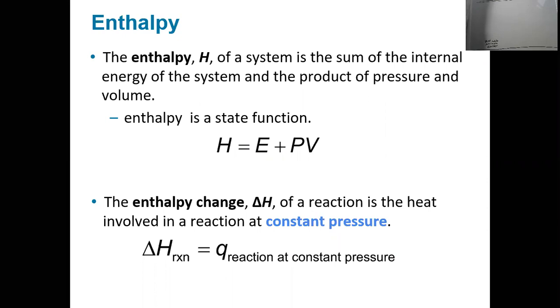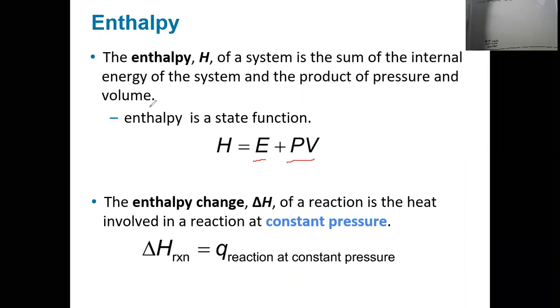Now, finding delta E is different than what's called enthalpy. Enthalpy is given the designation H, and that is actually the sum of the internal energy and the product of your pressure and your volume.